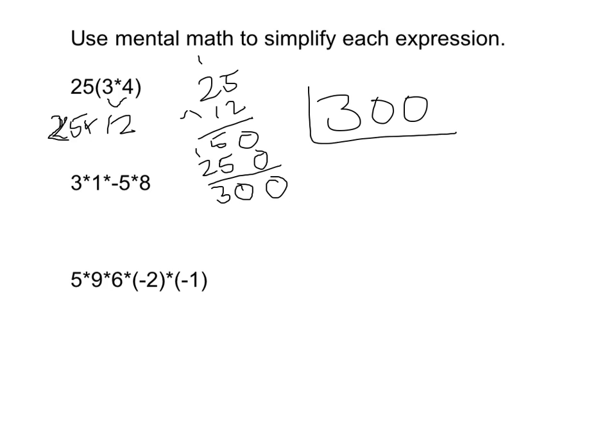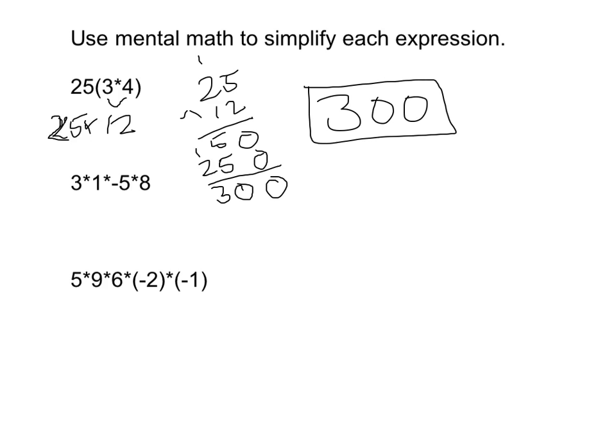Then I would put a box around it. Again, if you just showed me that 25 times 12 was 300, I would question, did you do the work yourself? Did you just pop it into the calculator? I want you to not be using a calculator on this one. I want you to be using your brain to figure out these questions.